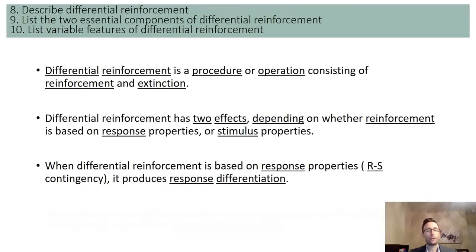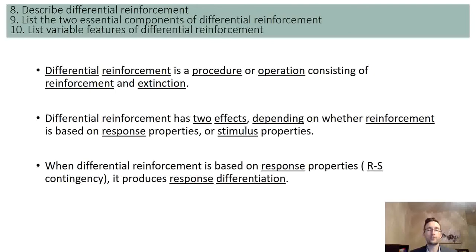The example of the kid in the cookie jar and mom is an example of response differentiation, where a variety of topographies in week 1 were producing cookies, but by, I think it was the last week before intervention, maybe it was like week 5, only yelling was occurring.